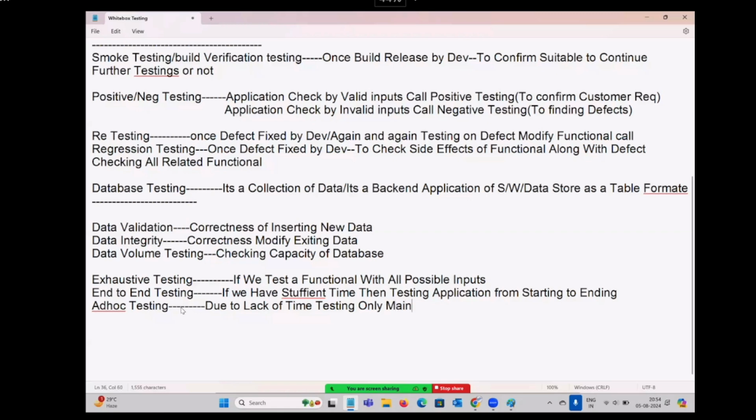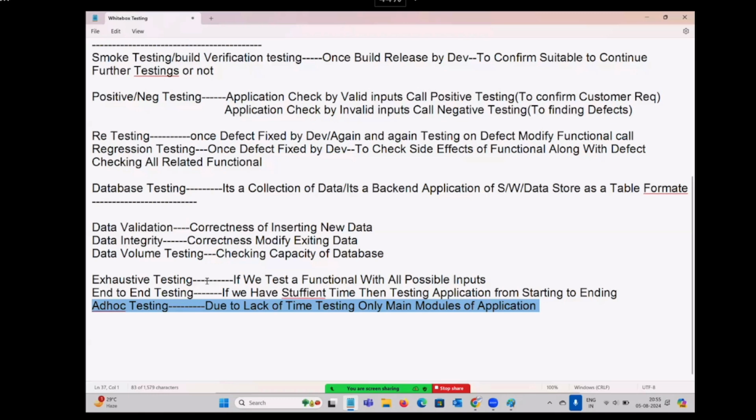Main modules of the application. Testing main modules of the application is called ad hoc testing. Once again, if you have sufficient time, testing the application from starting to ending is called end to end. Due to lack of time, testing only main modules of the application is called ad hoc testing.